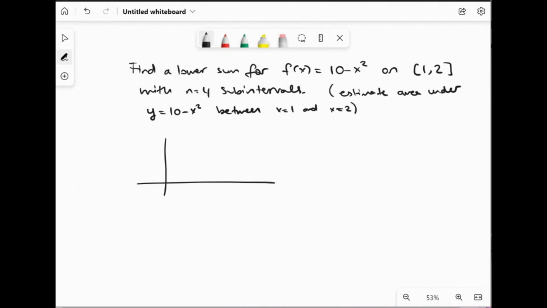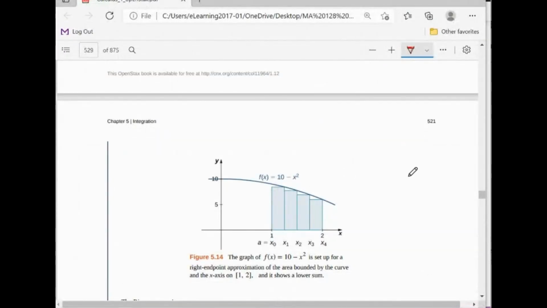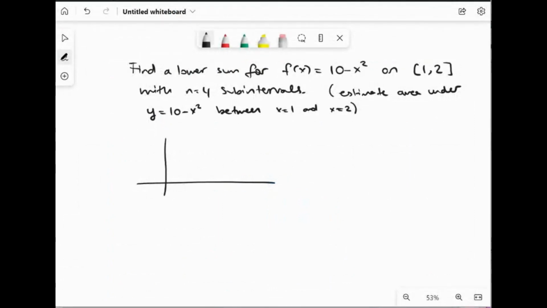Well, 10 minus x squared is a parabola. Let's just check the graph. It looks something like this. Let's say this is the graph of y equals 10 minus x squared. Let's say this is 1, and this is 2.